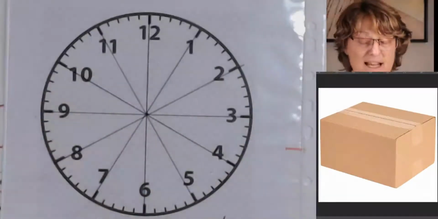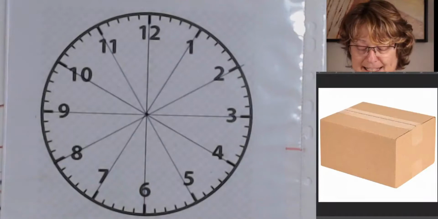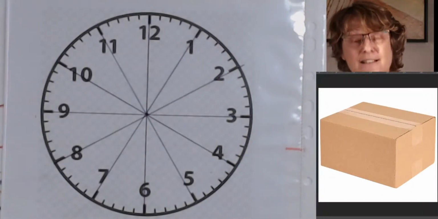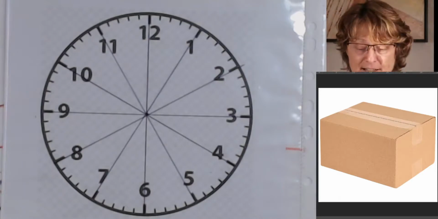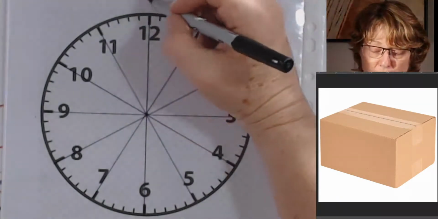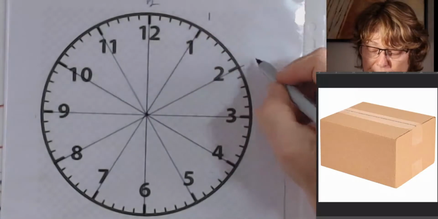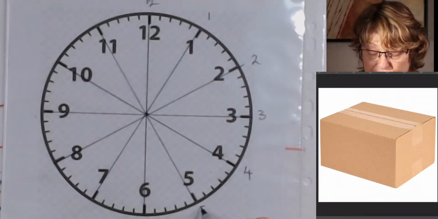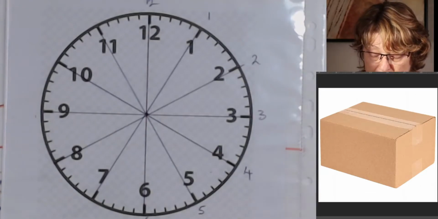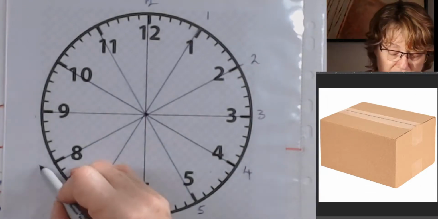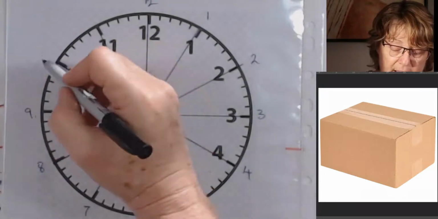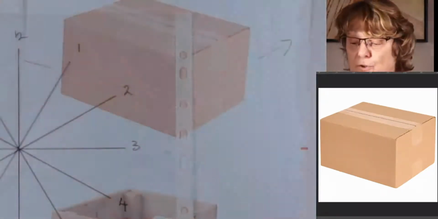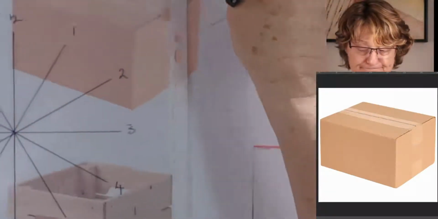This tool is an ish tool. It's going to help you estimate angles. It is not a protractor, so it's not a mathematical tool, but it will help you when you are looking at angles so that you can draw them, because that is the most difficult thing about drawing perspective. This is how you use this tool.